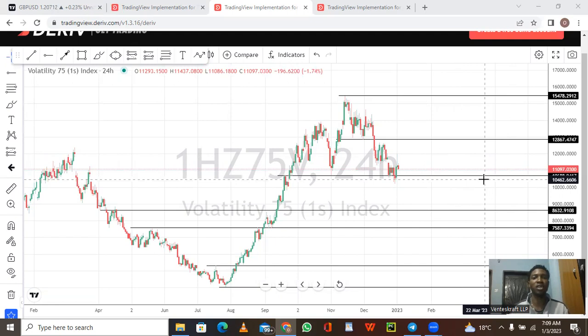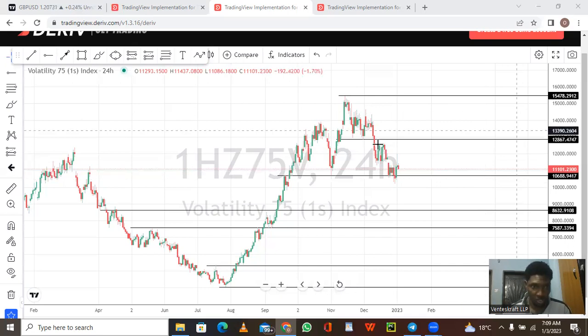So we are going to be talking about the higher time frame. What do we mean when we say higher time frame? Higher time frame is basically the time frames that range from 4 hour up to probably weekly or monthly.